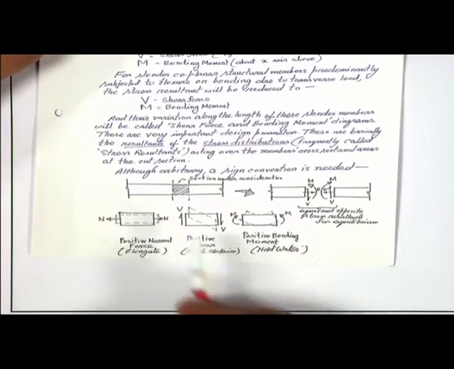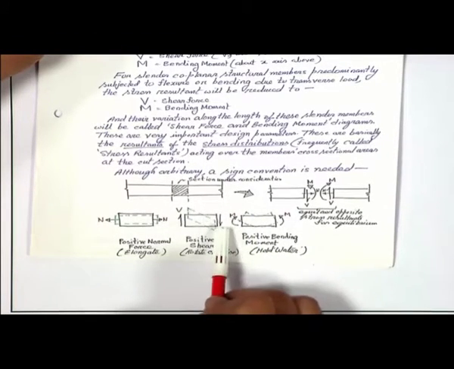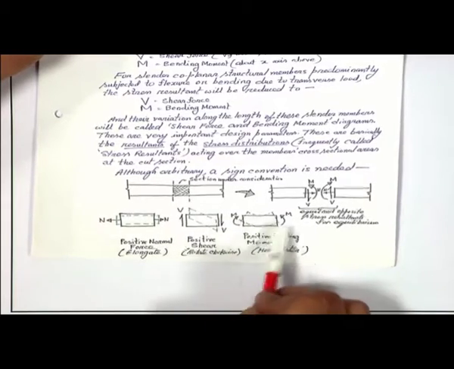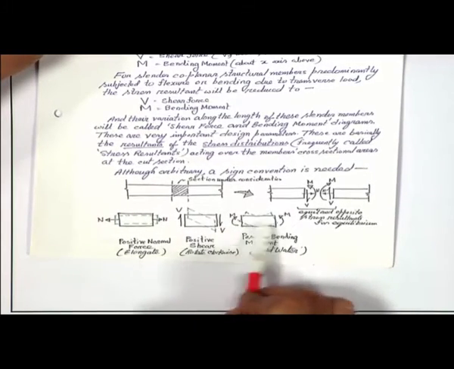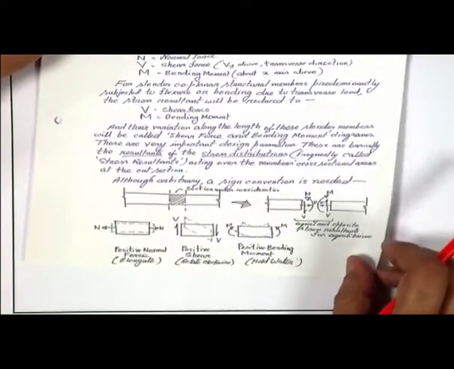So, for us in this discussion, we will stick to only one sign convention: left up, right down for shear is positive, and the sagging bending moment is positive, and with that we will discuss everything. So, you can imagine the same diagram.